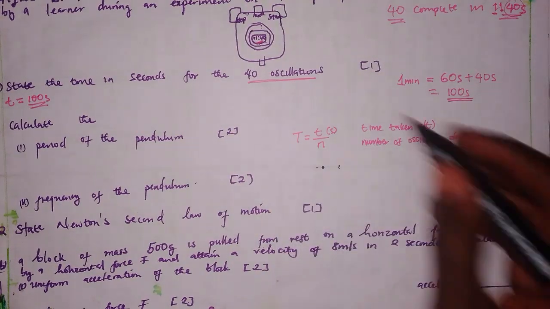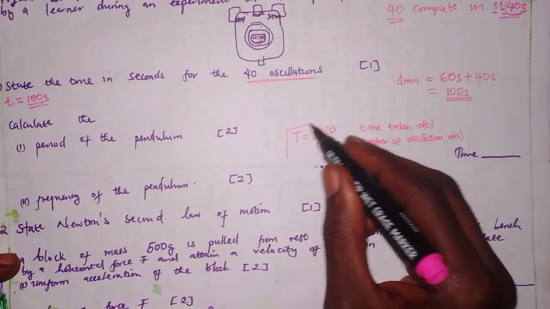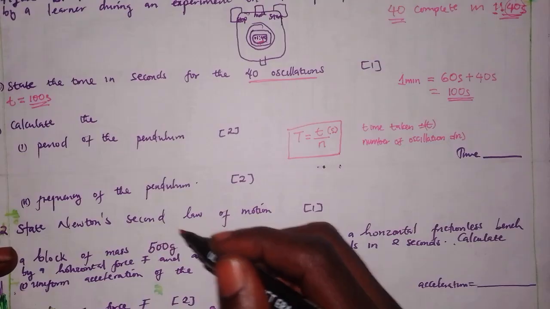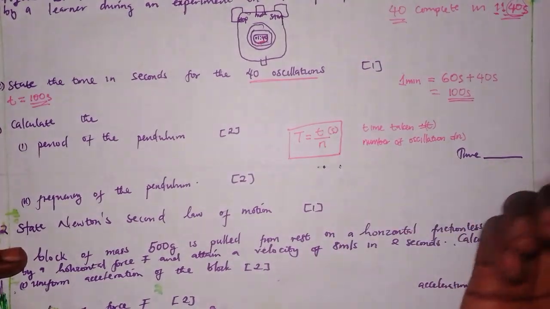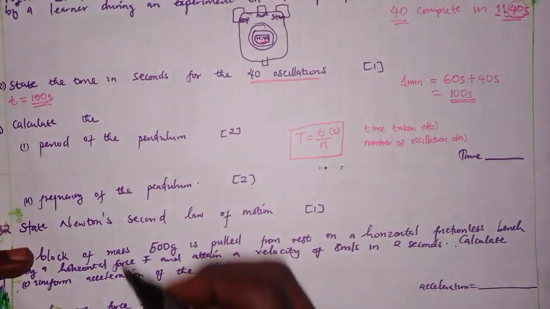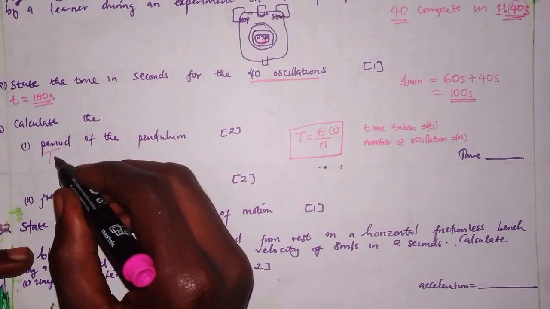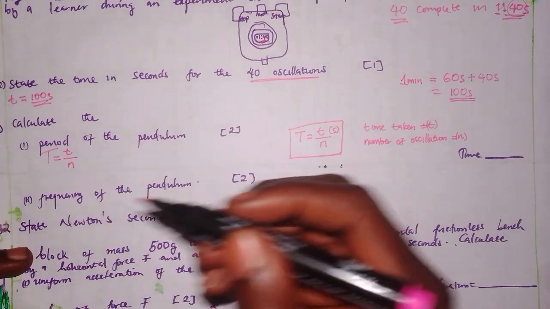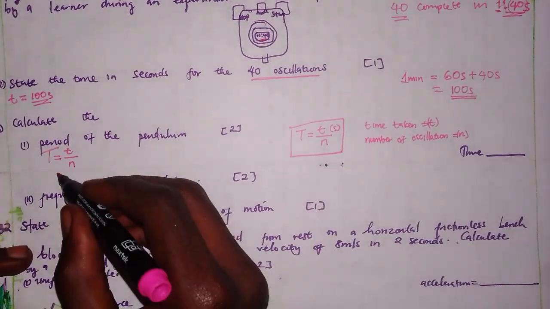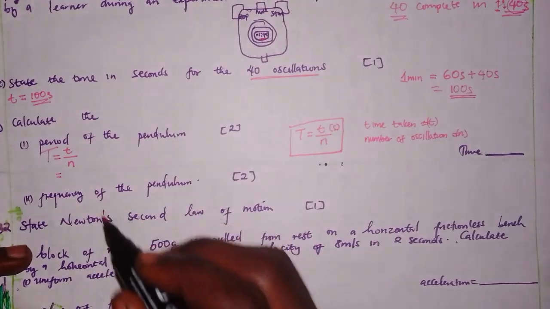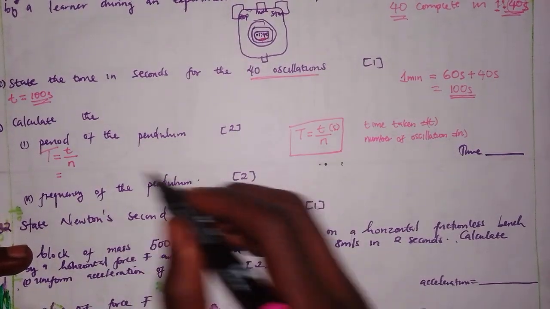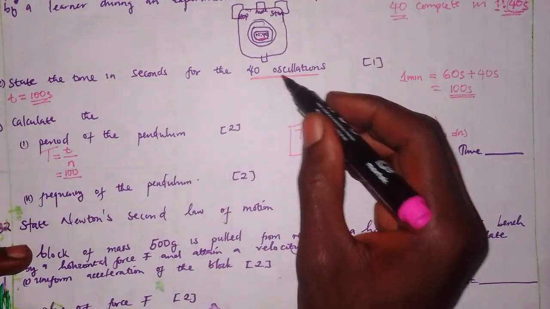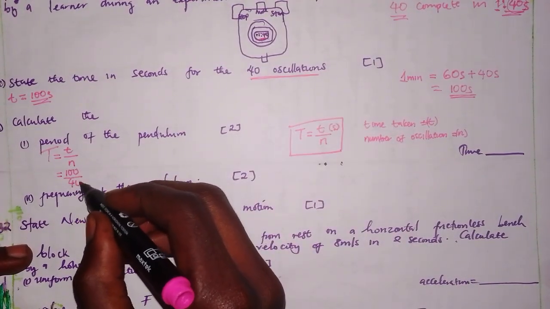So now that we have known the formula which we are going to be using to calculate the period, we'll say what is the time. Time we calculated it to be 100 seconds. So here period is equal to time over n. So remember, in physics, always start with the formula. The formula is important. So now you say 100 divided by how many oscillations we have? 40.